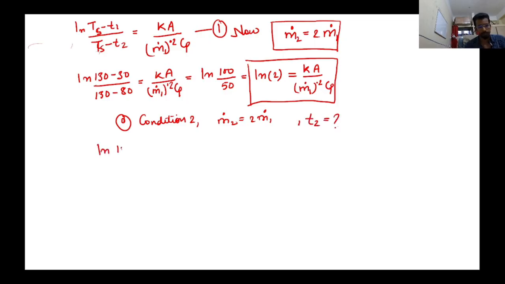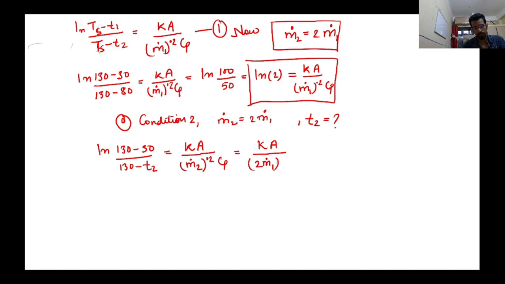So ln of (130 minus 30) upon (130 minus T2) is equal to KA upon m2 to the power 0.2 cp. Since m2 is twice m1, this is KA upon 2 to the power 0.2 into m1 to the power 0.2 into cp.